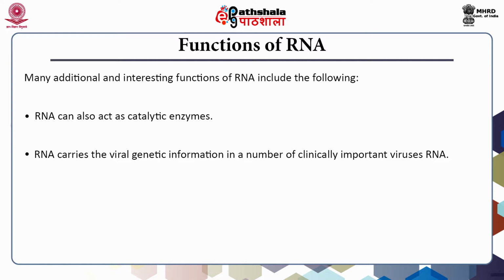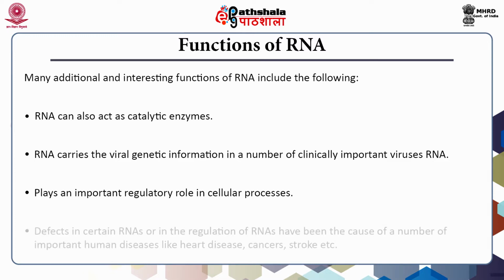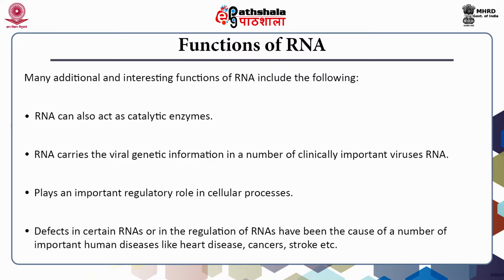Those are RNA viruses. RNA plays an important regulatory role in cellular processes like cell division, cell differentiation, growth, cell aging as well as cell death. Defects in the regulation of RNA have led to a number of human diseases like heart disease, cancers, etc.